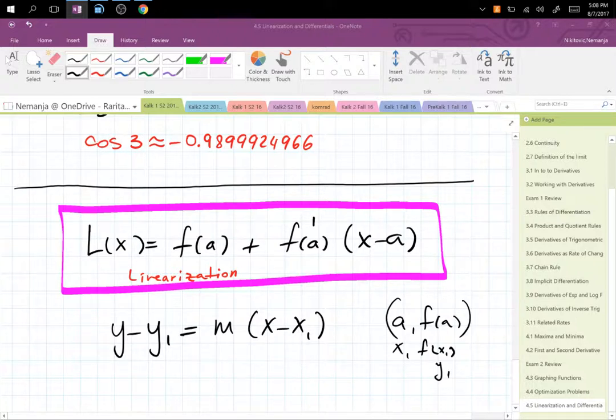So when you plug all of these things in and move y1 to the other side, you'll see that this is just your algebra formula written in calculus language, where the slope is calculated through the derivative. So that's all it is.